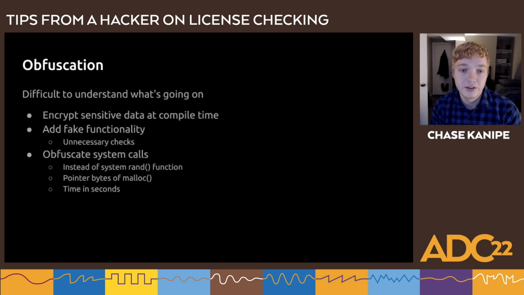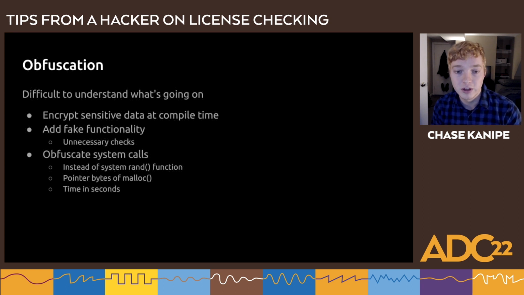The next issue is obfuscation. We want to make it difficult for the cracker to understand what's going on when reverse engineering the binary. And to do this, you can encrypt sensitive data at compile time, like we saw with the RSA example, although in the end, in that example, it wasn't done in a useful way. You can do things like add fake functionality, unnecessary checks, misleading strings or symbol names.